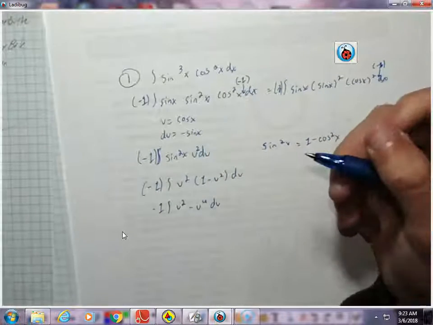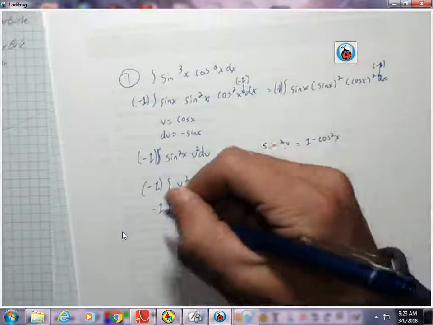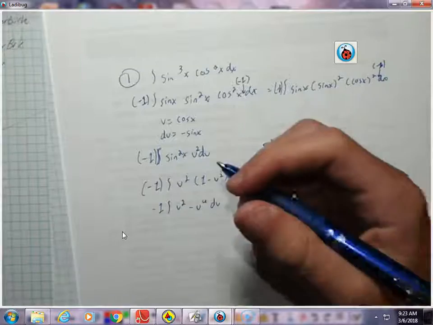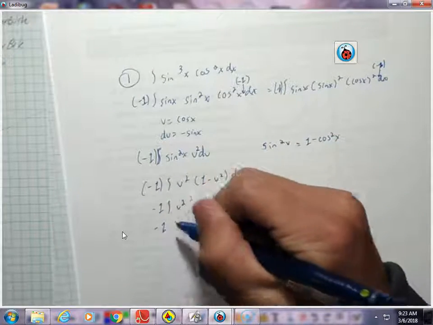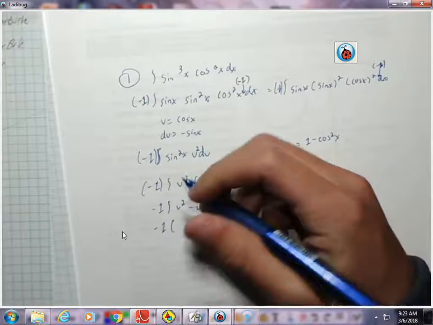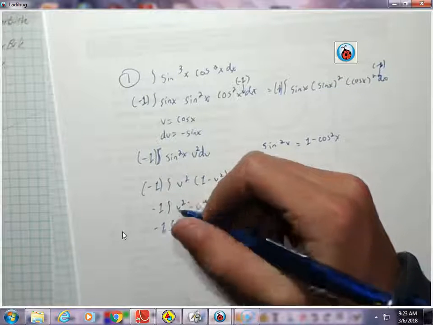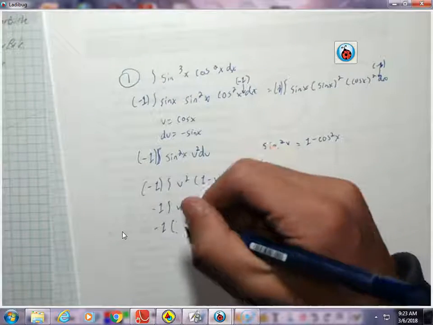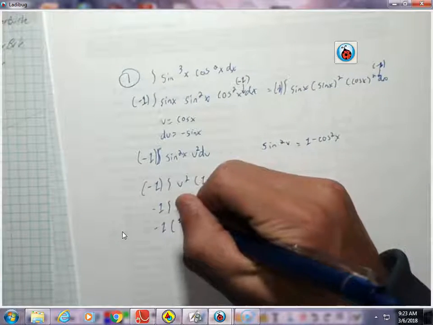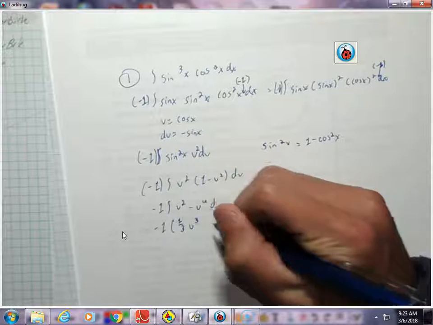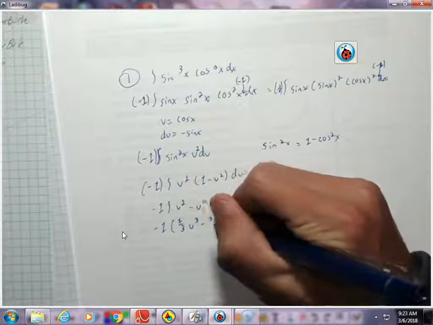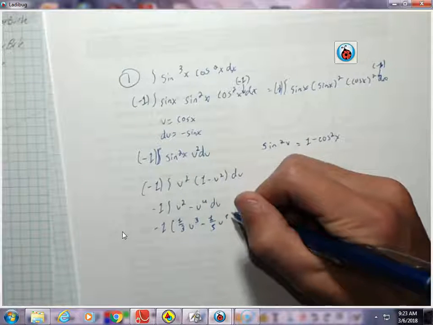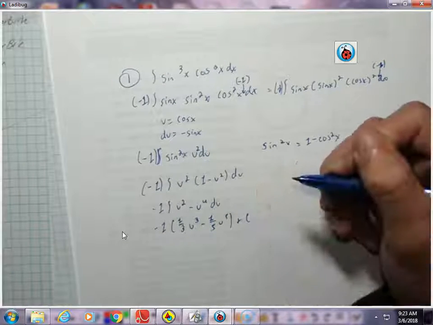U to the fourth, I said it. And so negative 1 times negative, yeah. It's just 1 over 3 u to the third minus 1 over 5 u to the fifth, plus c.